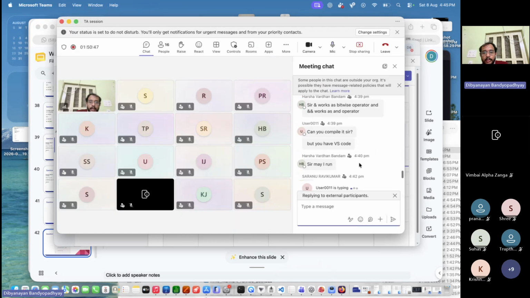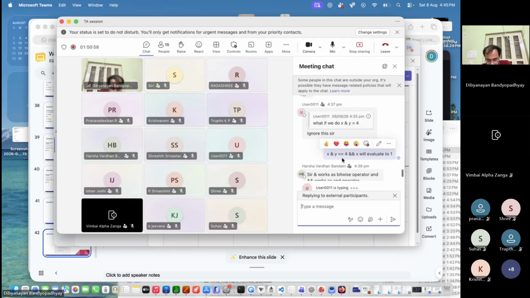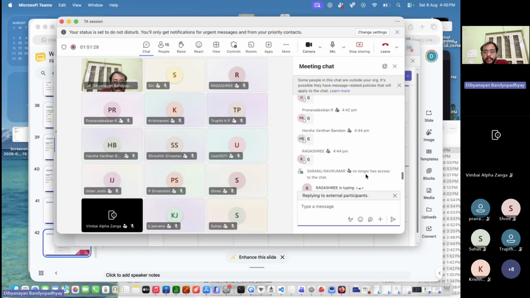And did you run this program, x and y equal to 4 and x? 6, somebody is typing.